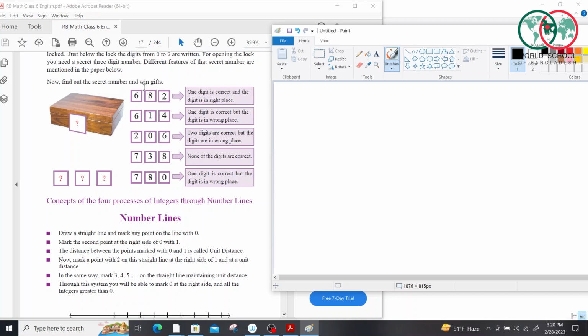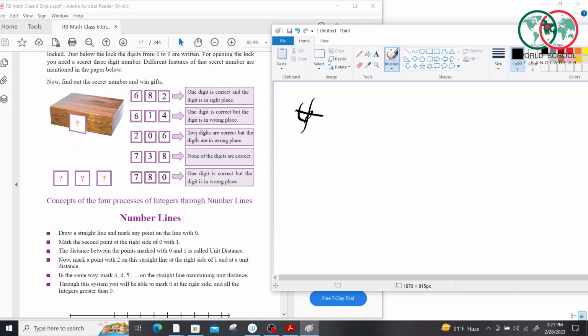The 6 is common in both places and the position of 6 is the same, but one says it is in the wrong place and the other says it is in the right place. So 6 is not our answer. It is eliminated from our options because they contradict each other. Here only one can be right and it is in the right position, and here only one is right but it is in the wrong position. That means 6 is not our answer and 6 is not in the 100 position.